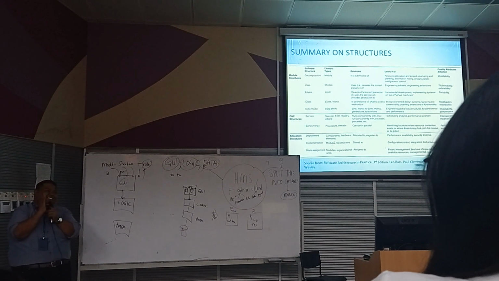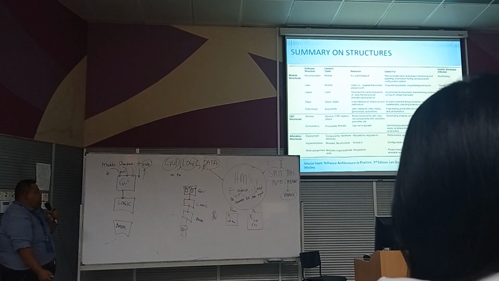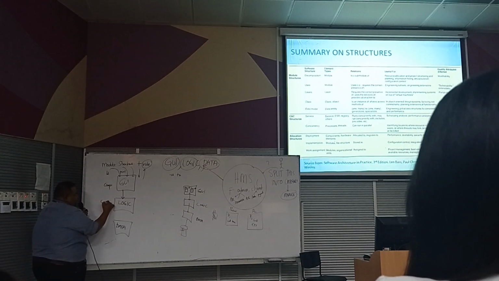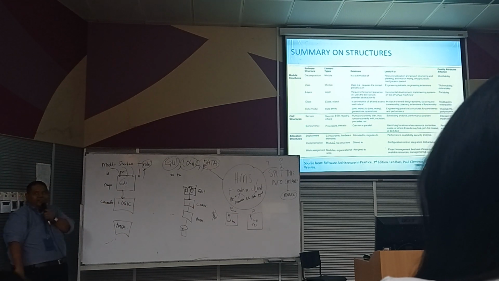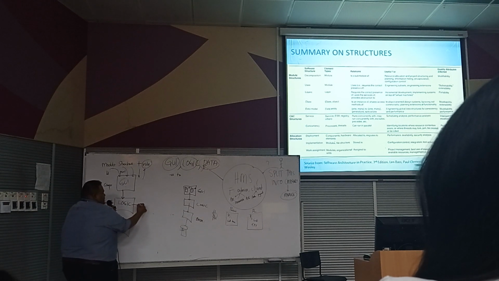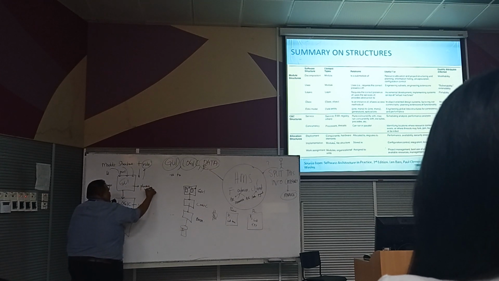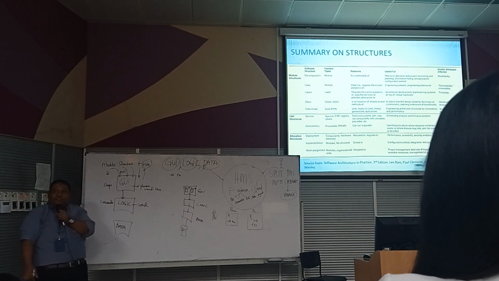So that is component and connector, right? So who is my component? This is my component. This is my connector. Why is this the connector? Because it is the one that provides the service. It is the one that will do verification. Who requests? I am the one. Please verify this. I do the verification.